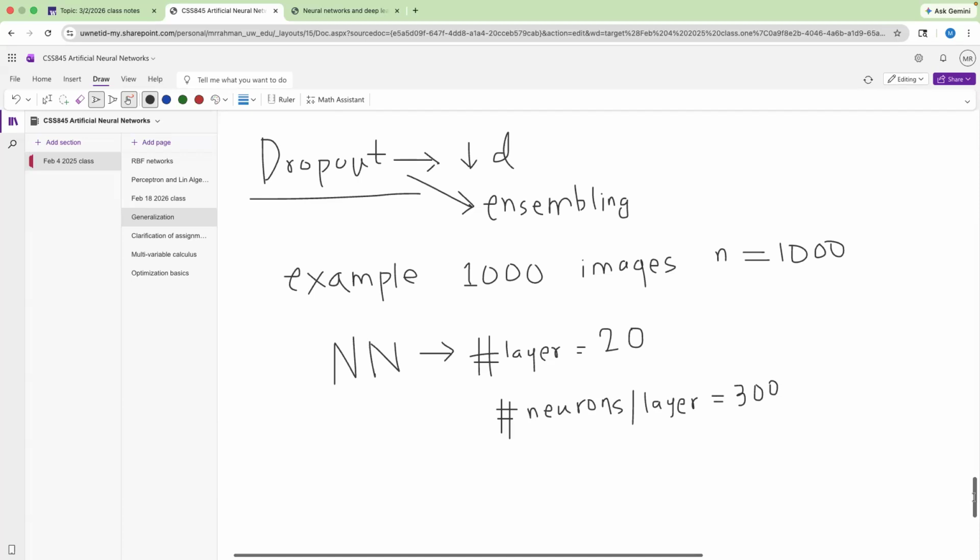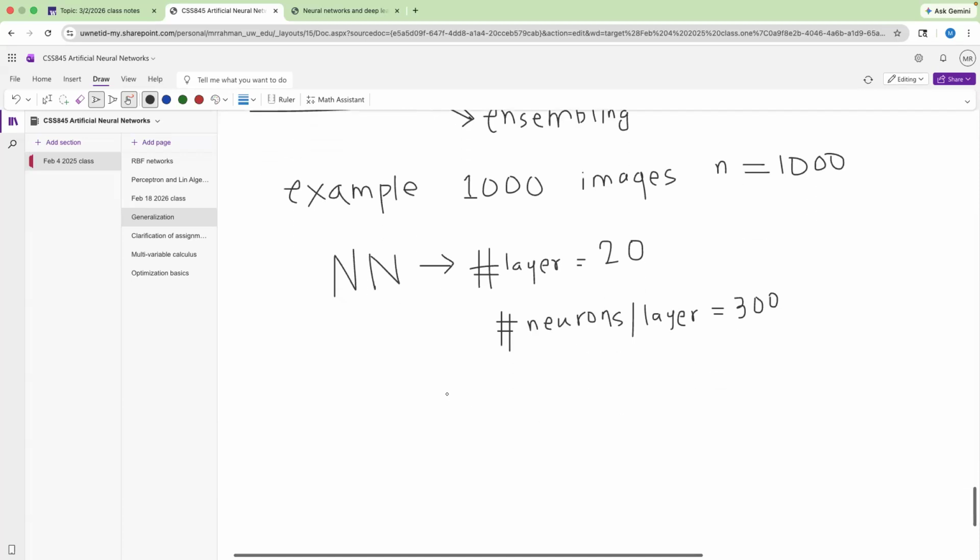So what is the total number of model parameters of this network, roughly?